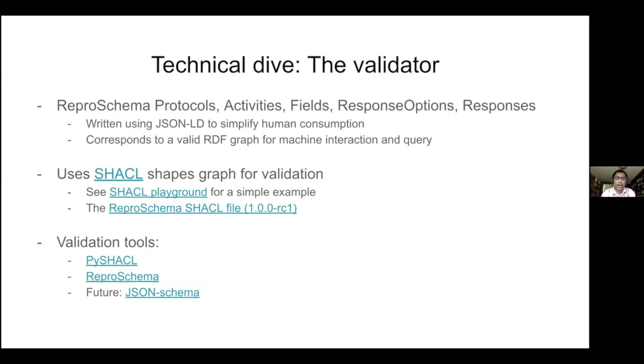There's a generic pySHACL library, which is generally useful for any kind of SHACL validation. We have a slightly more specific ReproSchema library that allows us to validate any document against a specific version of ReproSchema. And in the future, we expect to also release a JSON schema. Because it's a JSON document, you should be able to validate against a JSON schema as well.